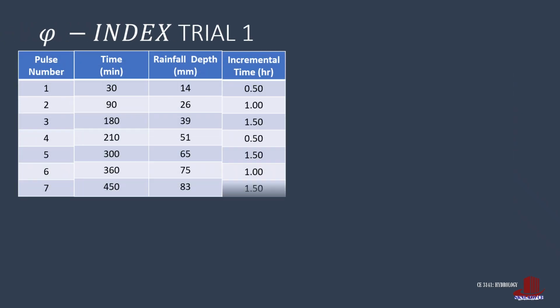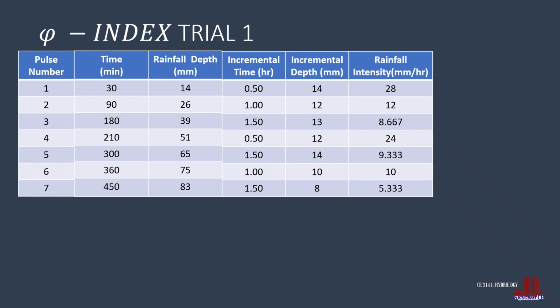Now let's start iterating for the phi index. For the first trial, we consider all the 7 pulses. Our guide is the function P minus phi times t as equal to R. P is the accumulated rainfall.